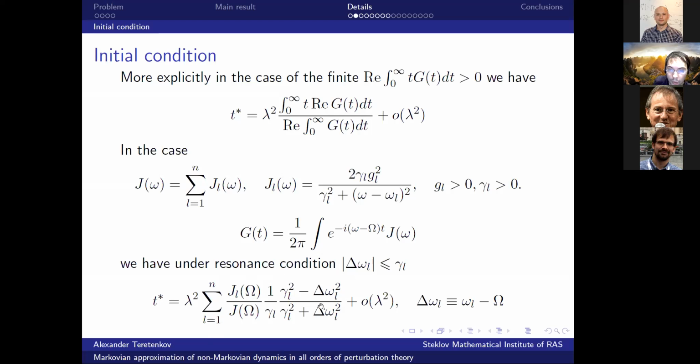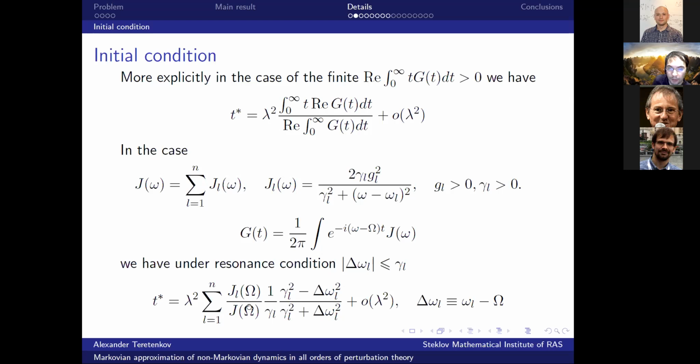And this last term defines a certain resonance condition for the existence of this time. If we have exact resonance, then this time is positive, and moreover, it is just the correlation time. But if we go far from resonance, then this time becomes negative. So we actually have no such unphysical region. This unphysical region occurs exactly in the situation of the resonance condition.